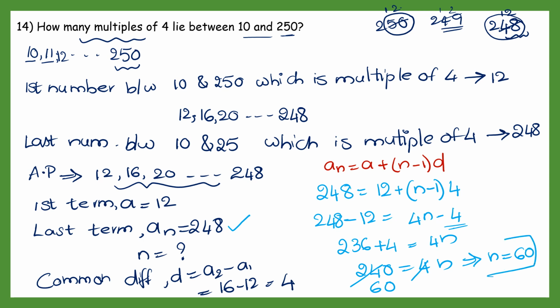So the answer is there are 60 multiples of 4 between the numbers 10 and 250. This is the answer.